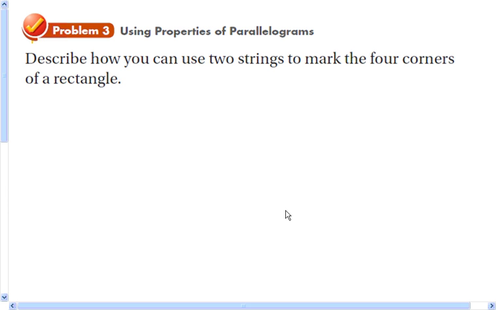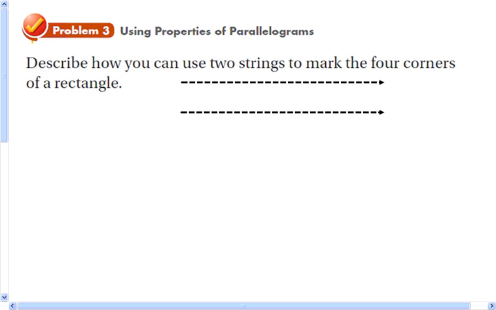And since it's a parallelogram, the diagonals bisect each other. So we could cut 2 strings. Let's say that's one string, and there's another string, and we cut them at exactly the same length. So start by cutting 2 strings to the same length.